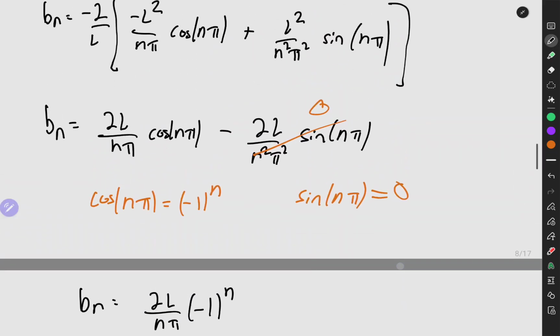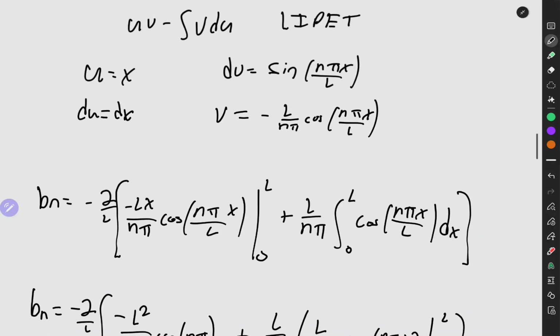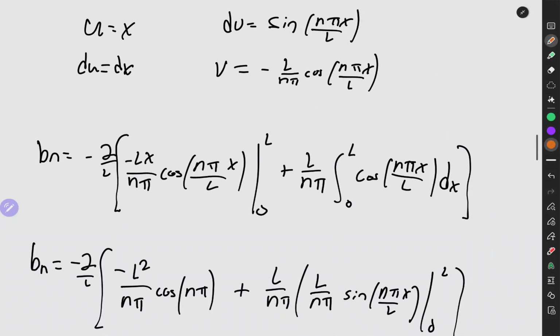Before we do that, the reason why I said I saw something is because at this step here, I could have told you right then that this was 0. Because it's cosine by itself, it's going to result in a sine, and I know for a fact that any sine from 0 to L, even if it was negative L to L, would still be 0.